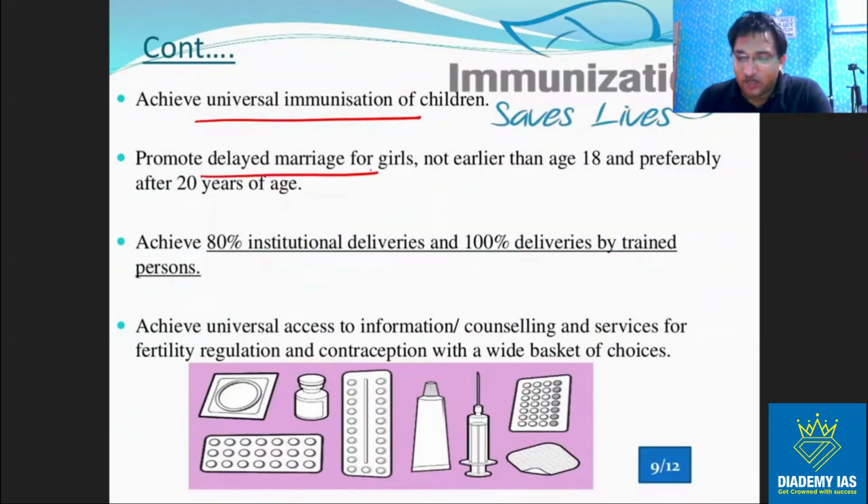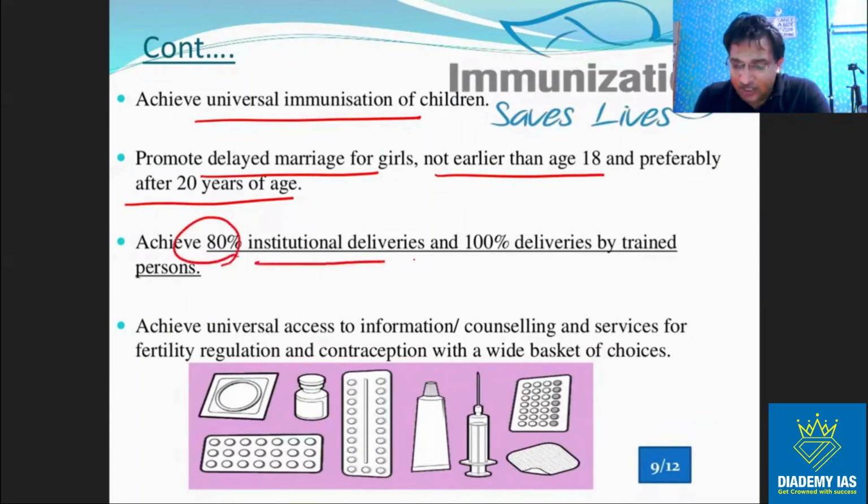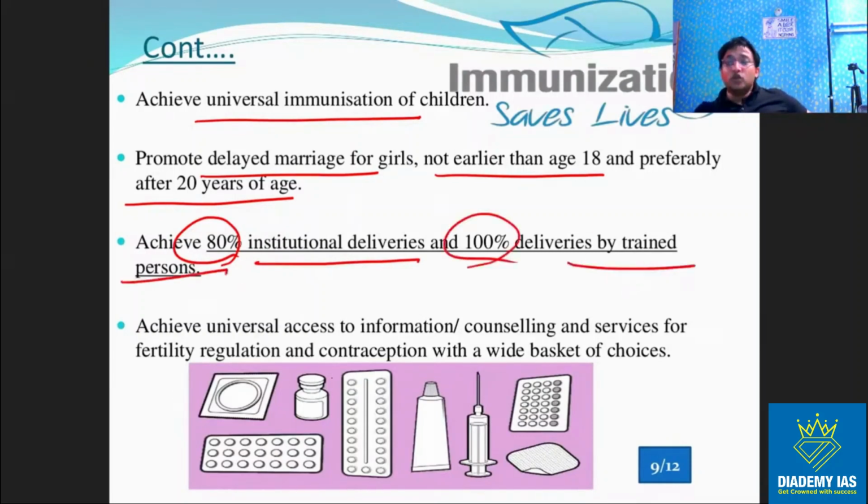Promote delayed marriage of girls, not earlier than 18 and preferably after 20 years of age, right? So postponing the marriage will reduce the number of children, and the health of the mother as well as children will be better. Achieve 80% institutional delivery. For that we have various schemes like Janani Suraksha Yojana, and 100% delivery by trained persons, so that IMR and MMR both are less.